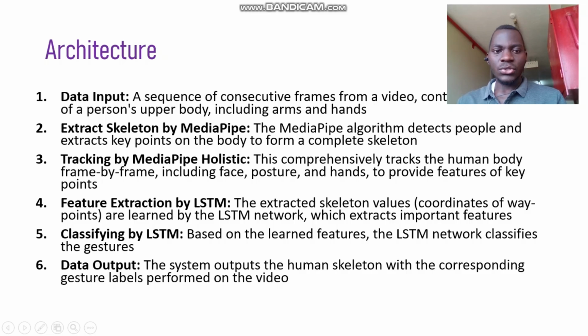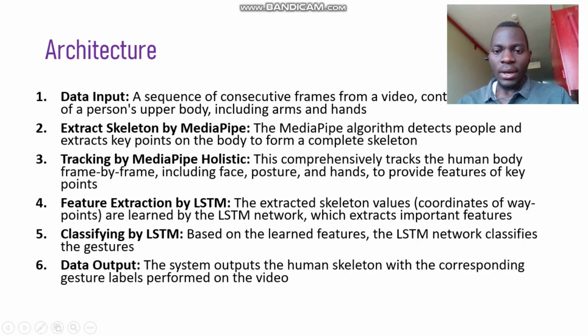MediaPipe Holistic tracks the body frame by frame, and it includes the face, posture, and everything, and provides the key points on the body based on the eyes. It goes on putting key points on each point of the body.